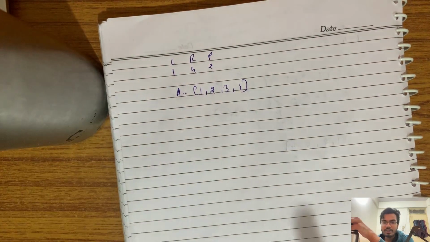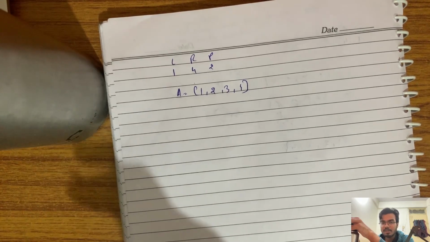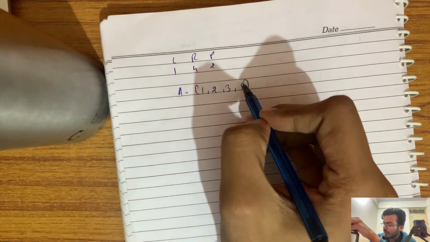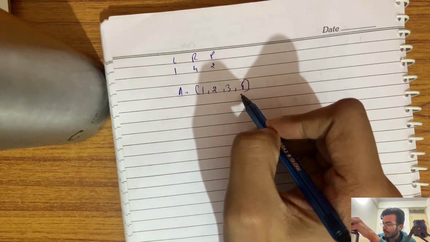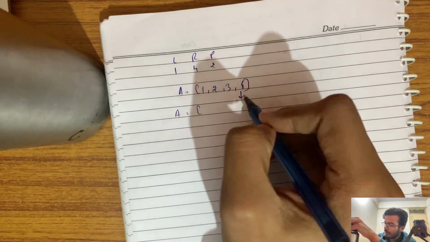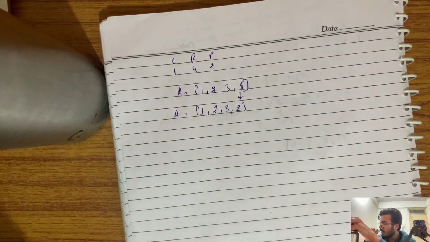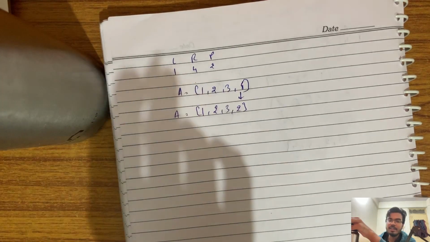It was said in the question that both players are playing optimally, and obviously the first player makes the first move. So what the first player will do is divide this 4 by 2. Now my array becomes 1, 2, 3 and 2. Whatever the second player does, it doesn't matter.